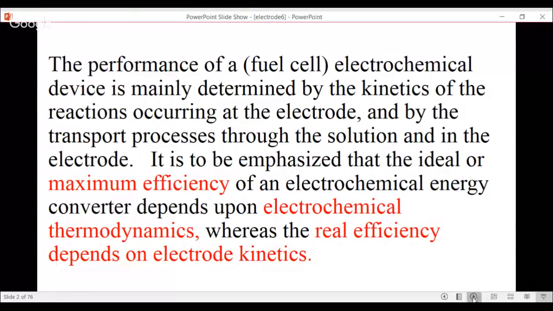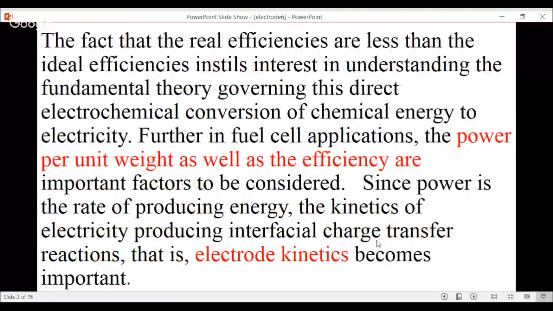Now, quickly looking at it, the fact that the real efficiencies are less than the ideal efficiencies instills interest in understanding the fundamental theory governing this electrochemical conversion of chemical energy to electricity. The efficiency obtained from an electrochemical device will not be the maximum.